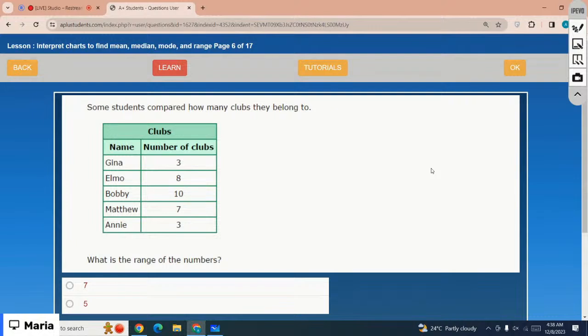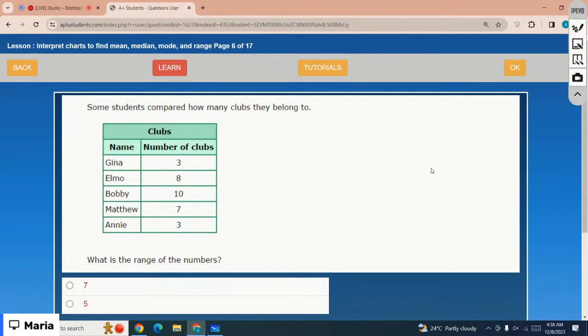Some students compared how many clubs they belong to, what is the range of the numbers, which is the correct option. Very good.